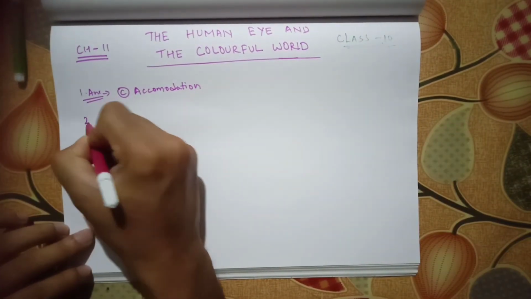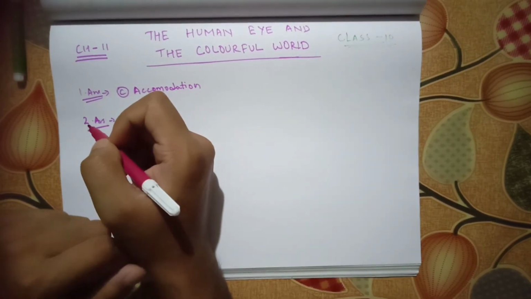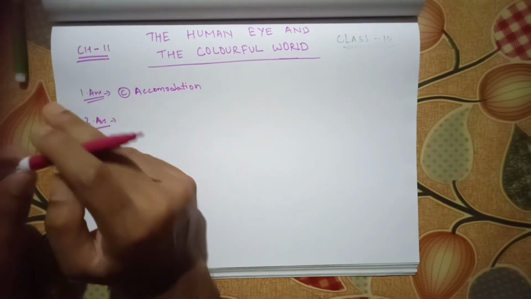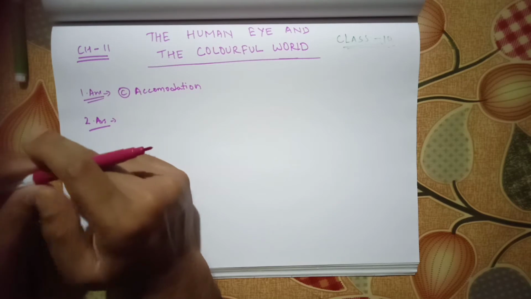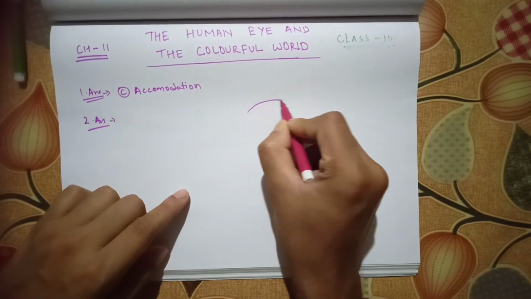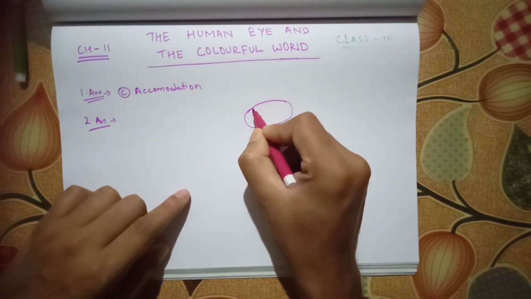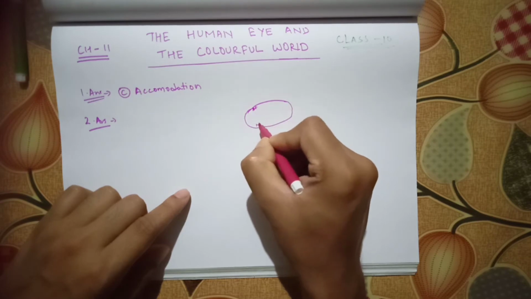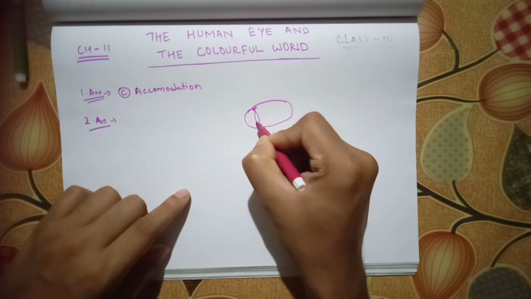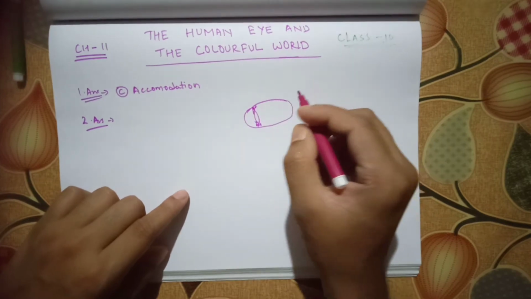Moving on to the next question, it is asked that the human eye forms the image of an object at its: A is cornea, B is iris, C is pupil, and D is retina. So let us draw a small and simple eye diagram. Let us take this as the eye. These are ciliary muscles, this is the lens, and this is the iris.